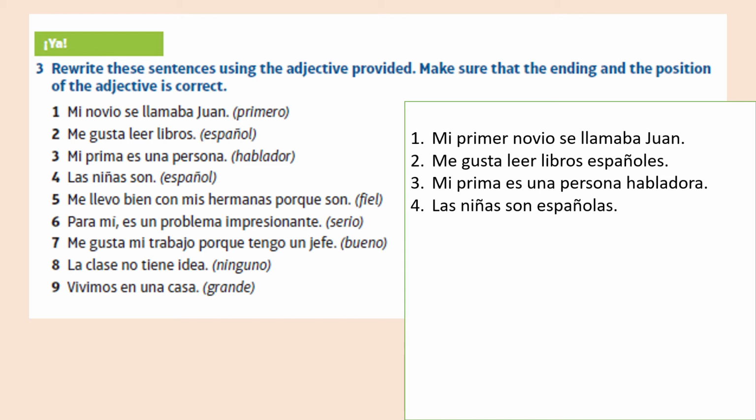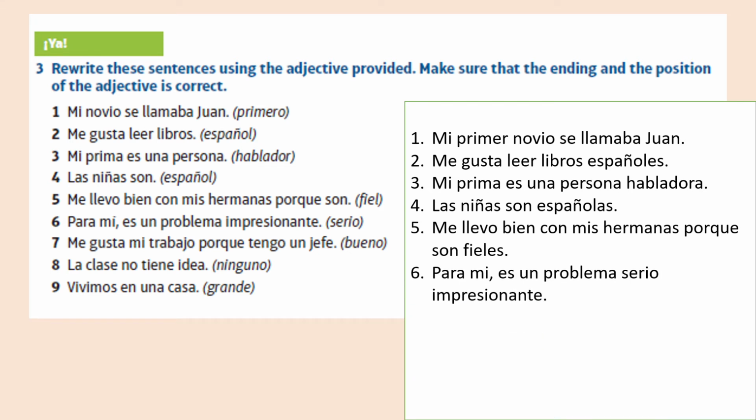Number 5, me llevo bien con mis hermanas porque son fieles. Fieles, because we're talking about sisters, it ends in a consonant, fiel, so we just add es. Number 6, para mí es un problema impresionante, and you need to use the adjective serio.